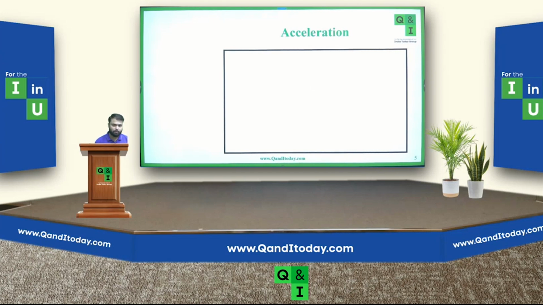And what is velocity? Velocity is displacement upon time. Now, distance is a scalar quantity, speed is also a scalar quantity. Displacement is a vector quantity, velocity is also a vector quantity. Now, what is average speed? So, total distance upon time taken is average speed. And what is average velocity? So, total displacement upon time taken is average velocity.